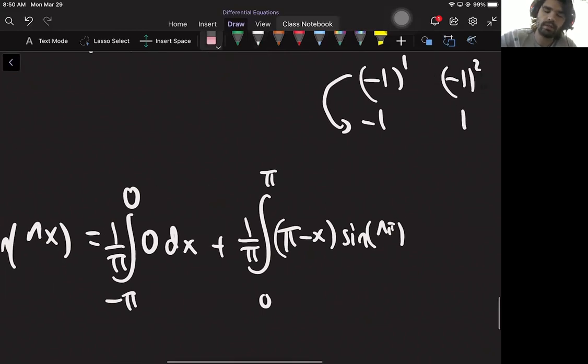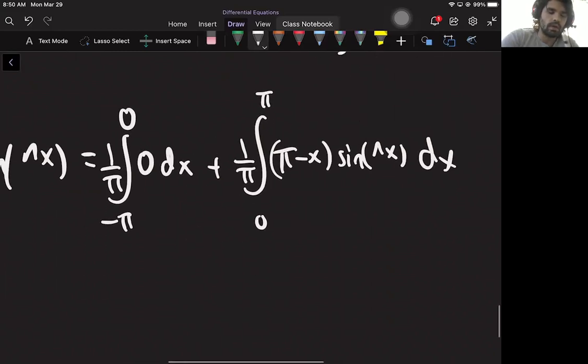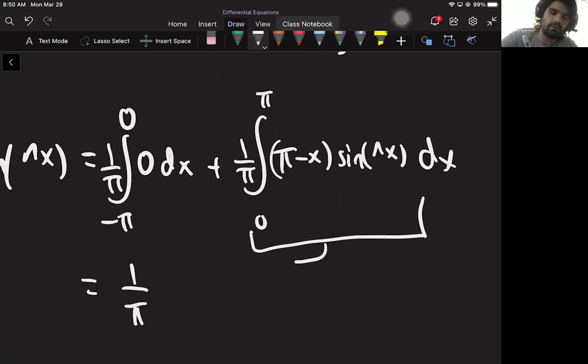I keep doing n pi instead of nx. Okay, so that's going to be 0. This guy is going to be this, and we can use integration by parts again. But I'm going to let you do that on your own if you want to, just for practice.